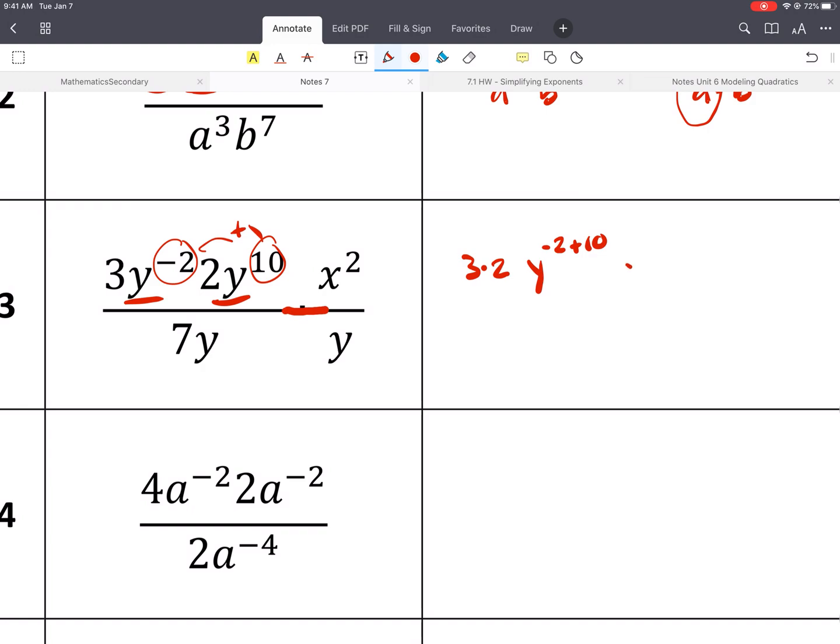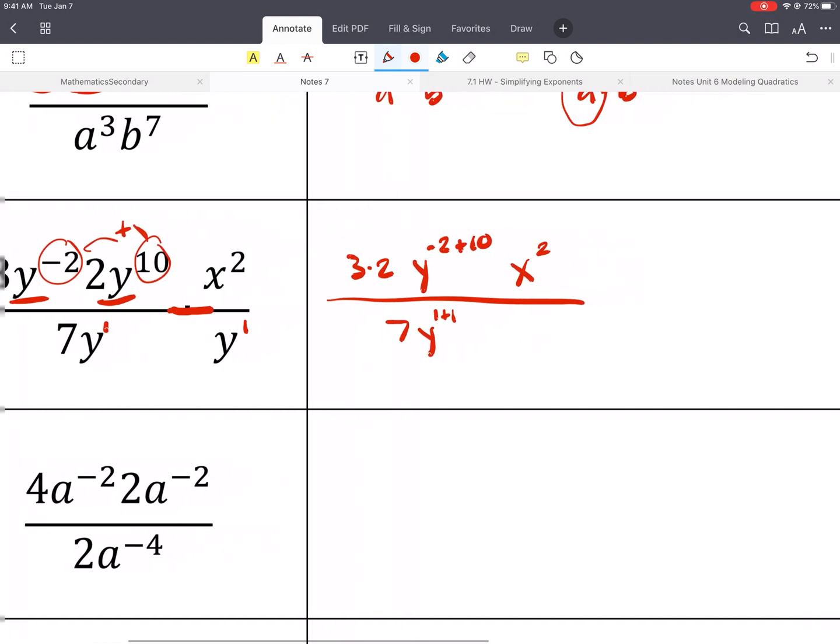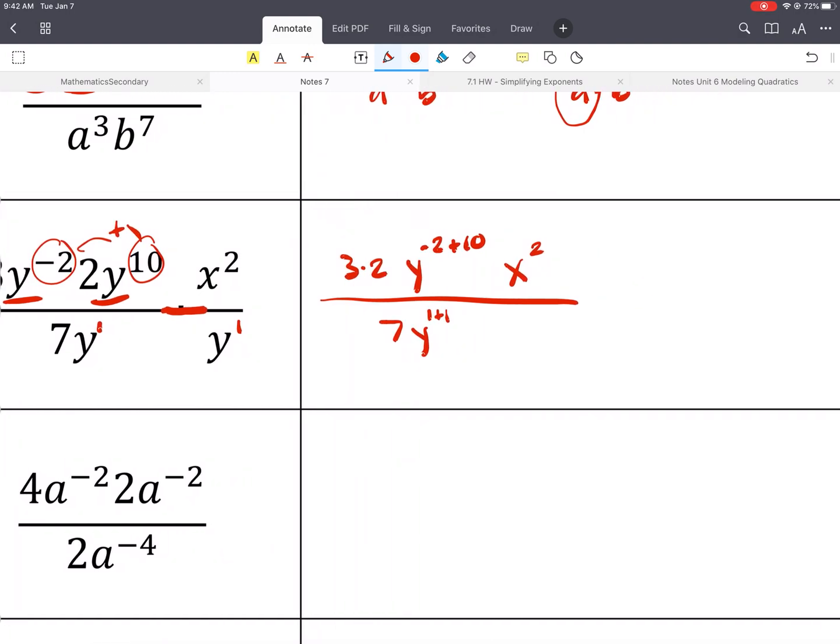And then we also have an x squared. On the denominator, we have 7y, and we could say this is y to the 1, so it would be 1 plus 1. Or you could just think of it as y times y, well, that's just y squared.